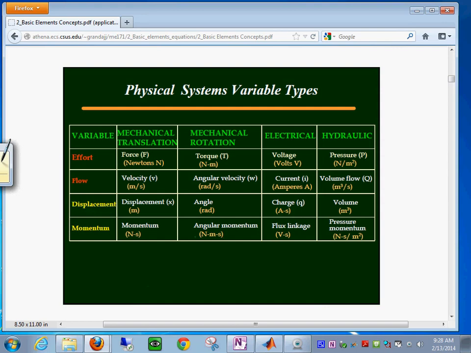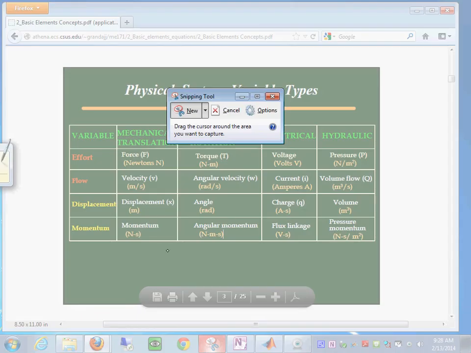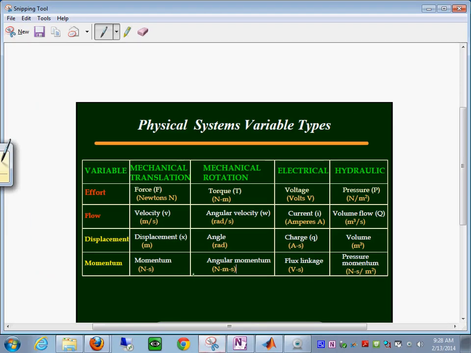So maybe it's worth making some notes about it. Here we're going to use the variable E, over here the variable F, the displacement we're going to call Q, and the momentum we're going to call P. So these four variables that you see here are the system variables, or we are going to call them generalized variables.